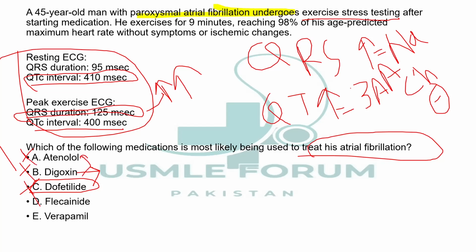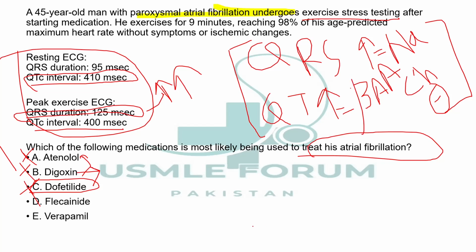Just by that logic. If you remember this, which is not a mnemonic but real physiology, you will understand that QRS prolongation is caused by sodium channel blockers, and QT prolongation is caused by class 3 antiarrhythmics, which are amiodarone and dofetilide.